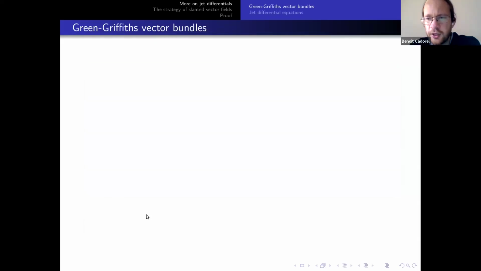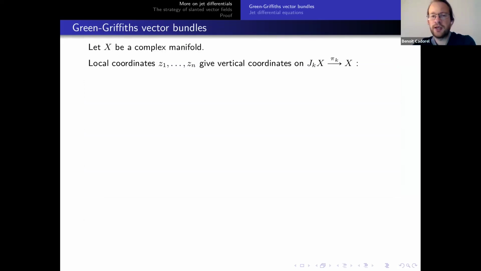Okay, so let me give you a few more informations on these jet differential equations, on these Green-Griffiths bundles I was talking about earlier. So take a complex manifold and fix an integer k, and look at the jet spaces J_k X above X. If you take local holomorphic coordinates on X in a Euclidean chart, call them z_1, ..., z_n, then you get the vertical coordinates on J_k X like that.